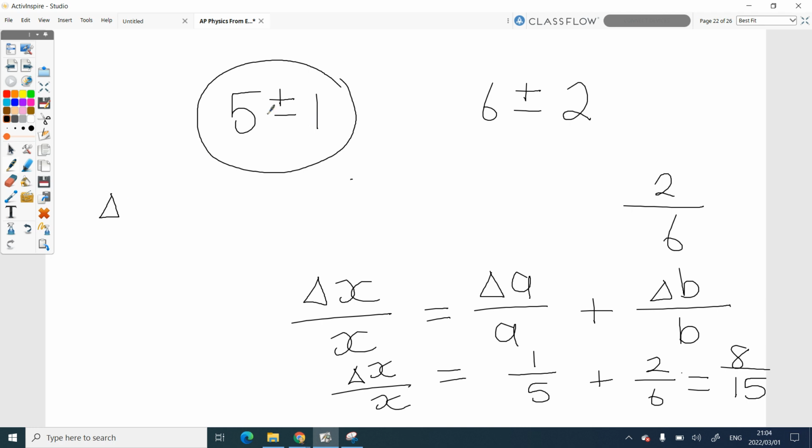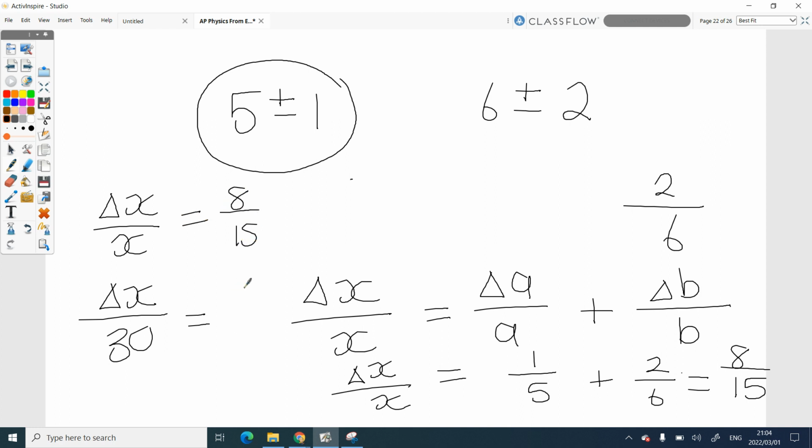So now remember what my answer was. X was my answer. So 5 times 6 is 30. So delta X over X, and this X we've already worked out is 30. So delta X over 30 is equal to 8/15. If I want the actual uncertainty, I need to multiply this answer by 30.